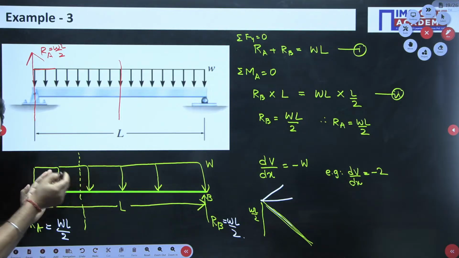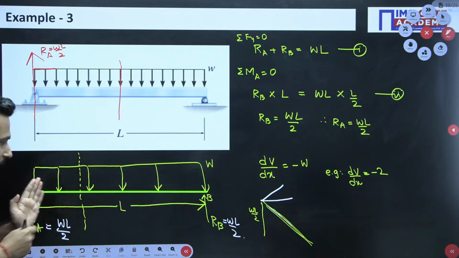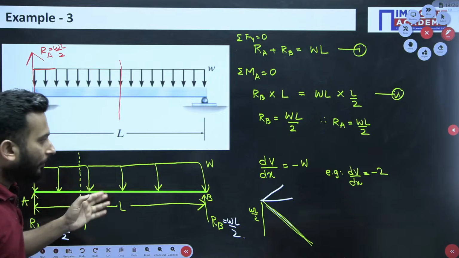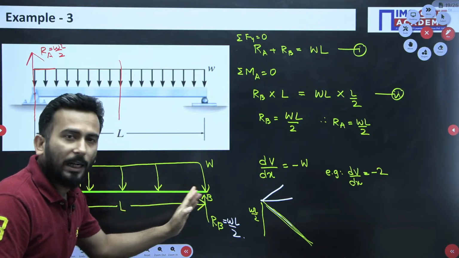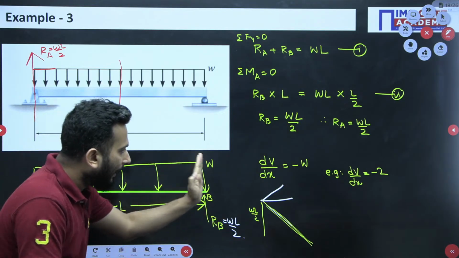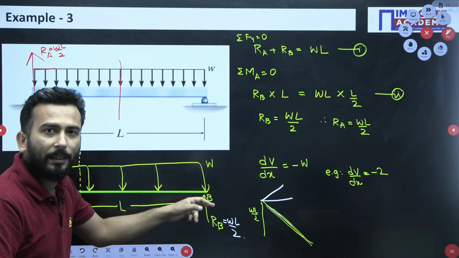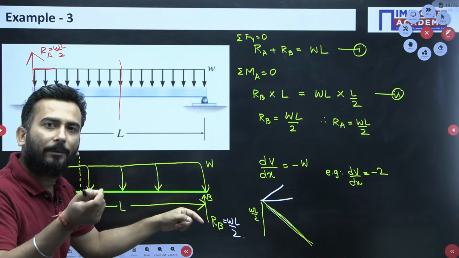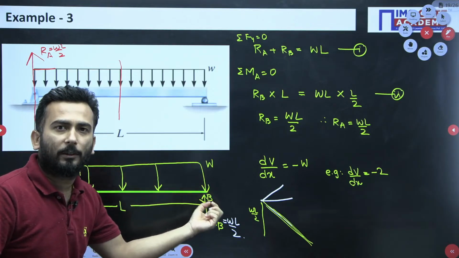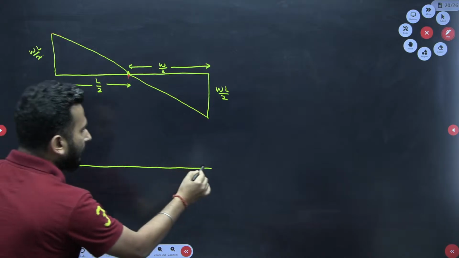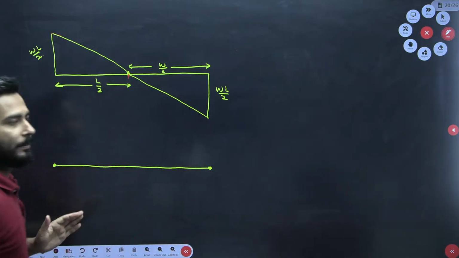RA into X you would have written, but no distance is there at the beginning, so the beginning moment will be 0. Similarly, if you start from this hand side, exactly at the tip, force into distance, both the forces W and RB, it is having 0 distance, so moment will be 0. So 0 moment is over here, 0 moment is over here.